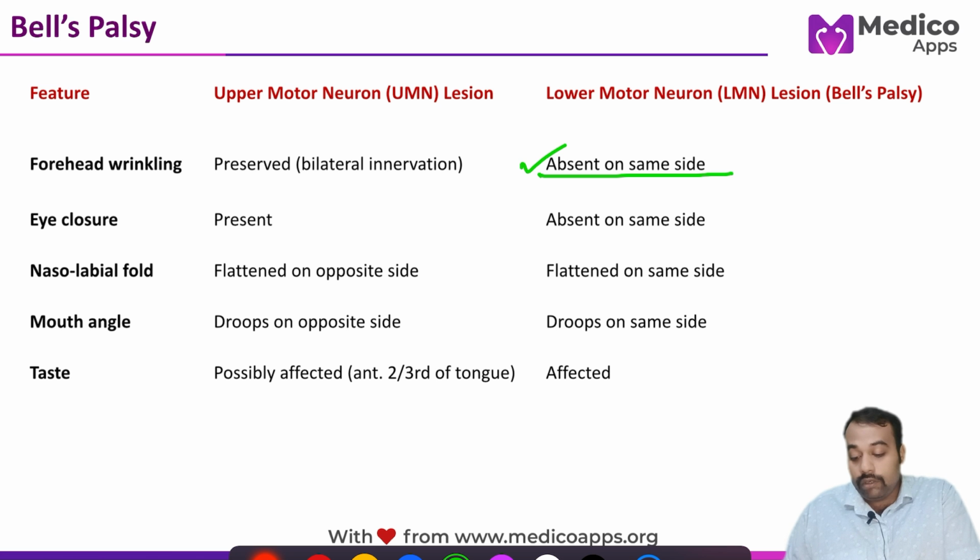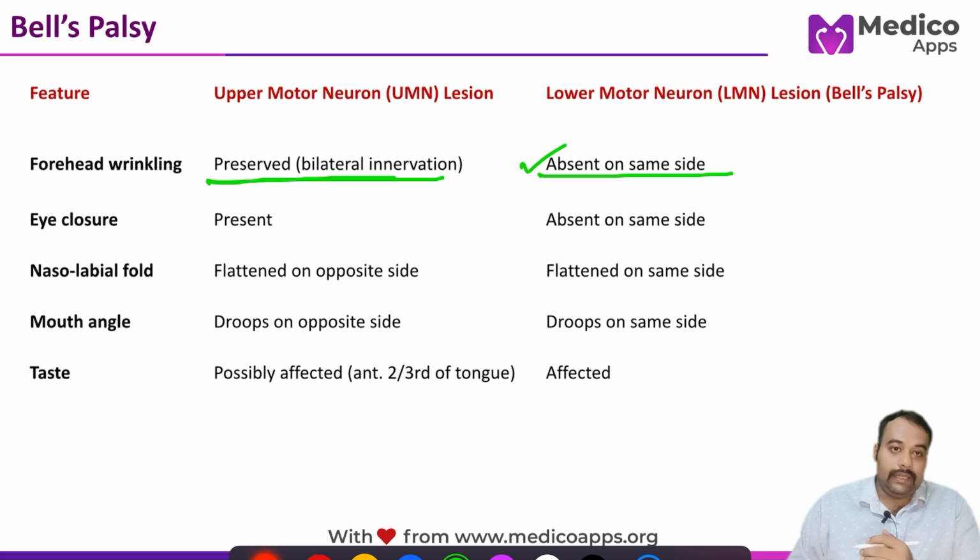So the forehead wrinkling will get preserved. Why? Because the forehead or upper part is supplied by bilateral innervation. Until and unless the patient suffers from a bilateral upper motor neuron lesion, you are not able to see some changes.